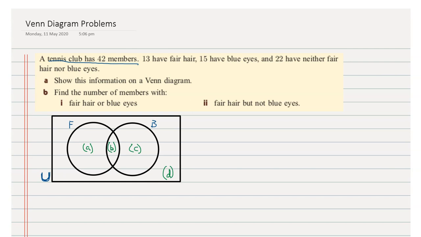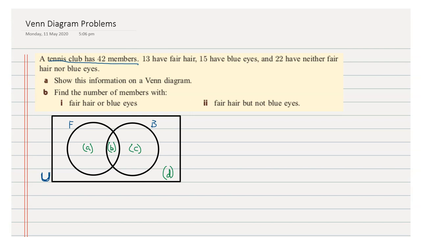So A would be the amount of people with fair hair but not with blue eyes. Little b would be the amount of people with fair hair and blue eyes, and C would be the count of people with blue eyes but not fair hair. And D would represent everyone who has neither fair hair nor blue eyes.